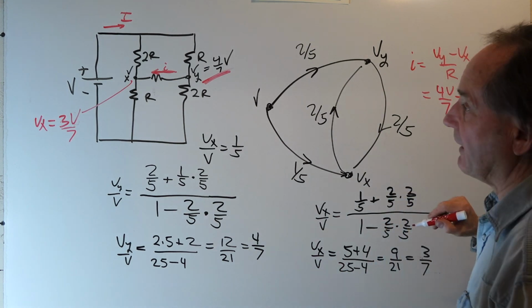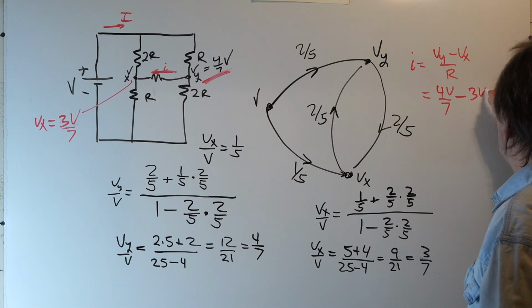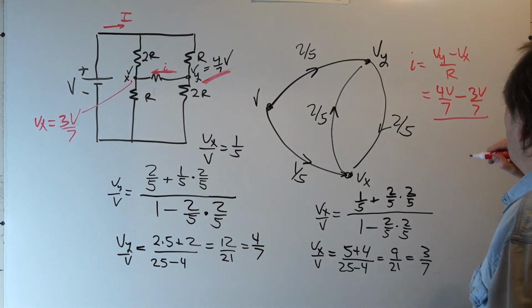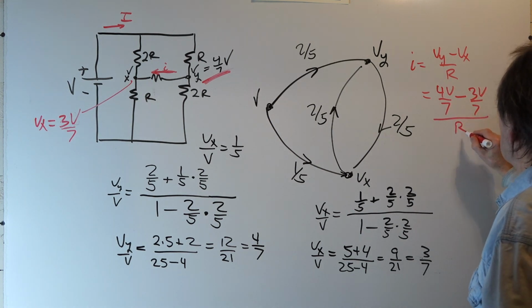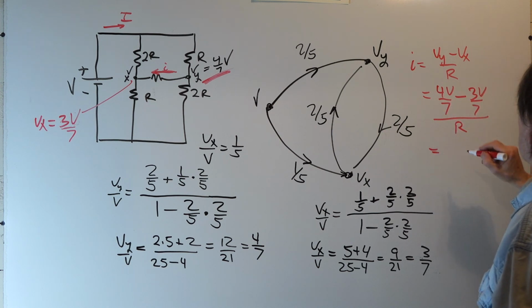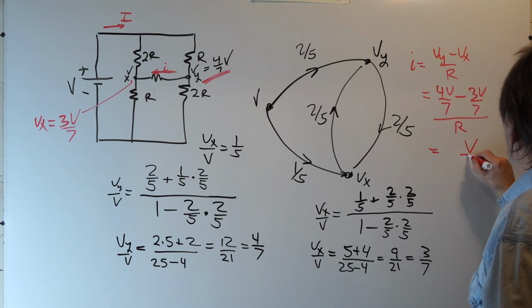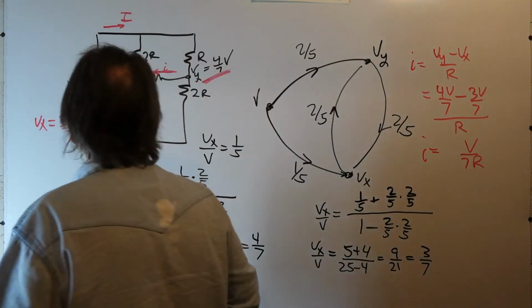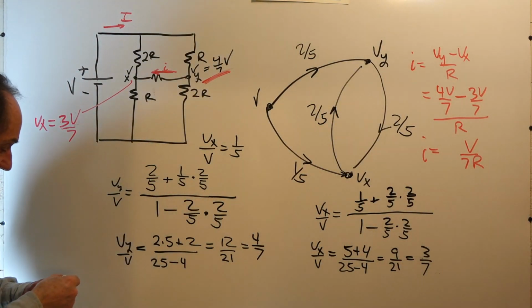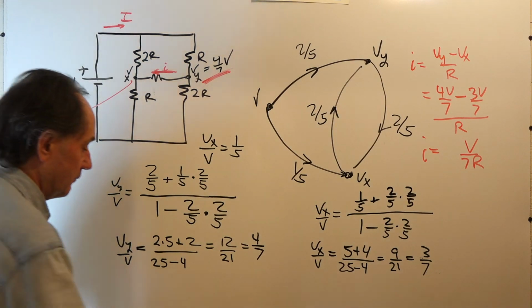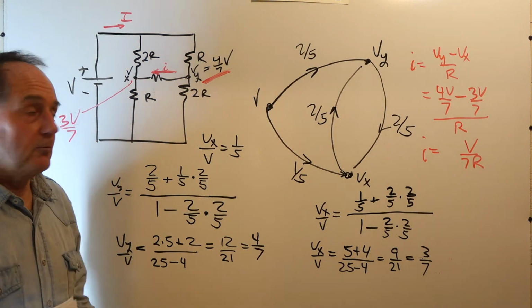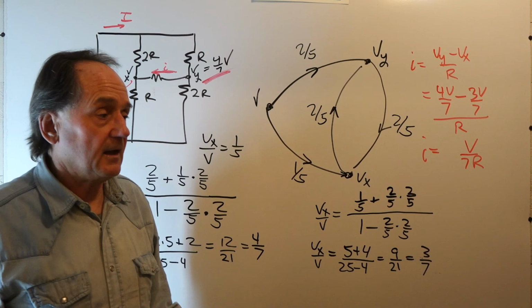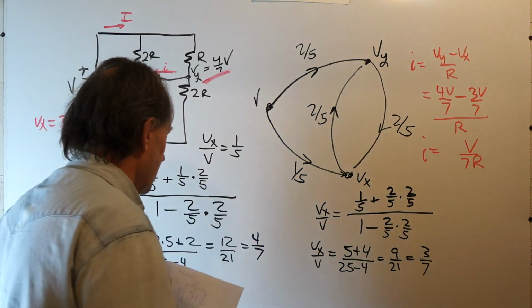We subtract off Vx, which is 3V over 7, and we divide by the resistance. So this is 4V minus 3V, which is V over 7R. And that's the value that we had before that we determined for I. So that's yet another method in which we could solve the network using flow graphs and Mason's gain formula.